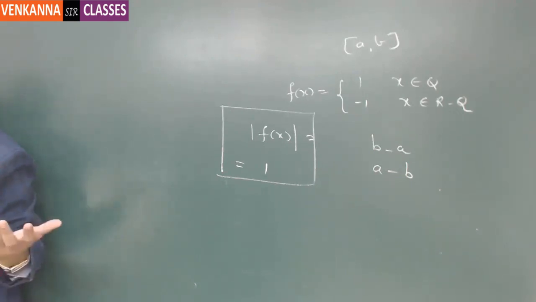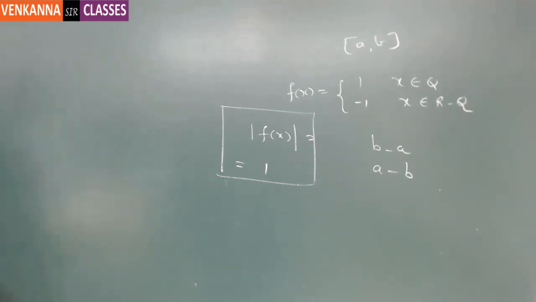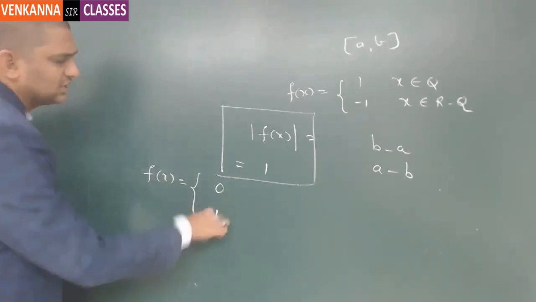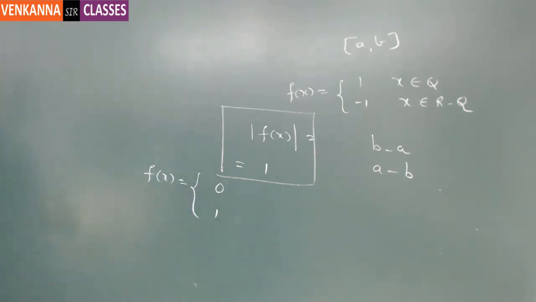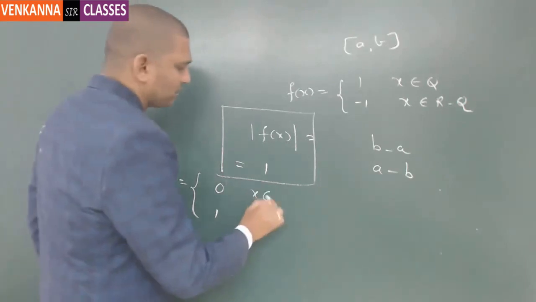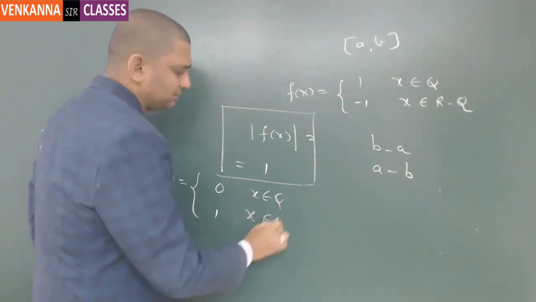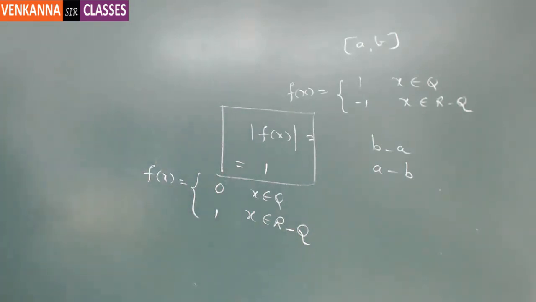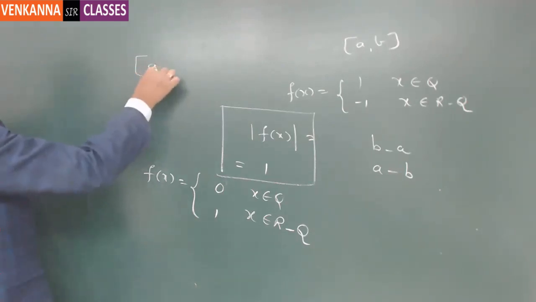Right. You can take a similar example. Let us say f of x is equal to 0 and 1, if x is rational and x is irrational. Now, if you write a partition, you can take any closed interval AB.